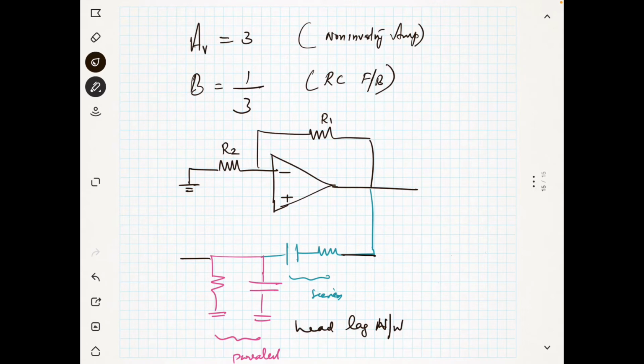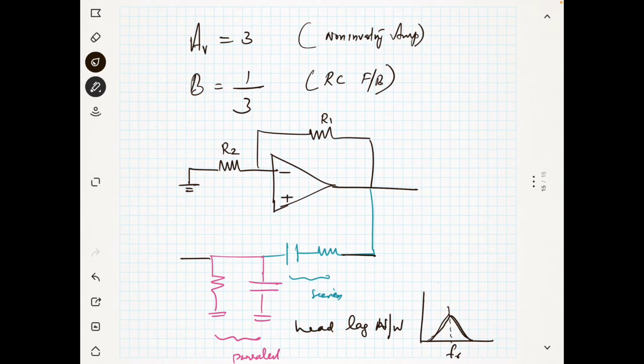So one has a high pass behavior and the other has a low pass behavior, so that you get an overall band pass response. This is the response of this network, and it has a resonant frequency FR.